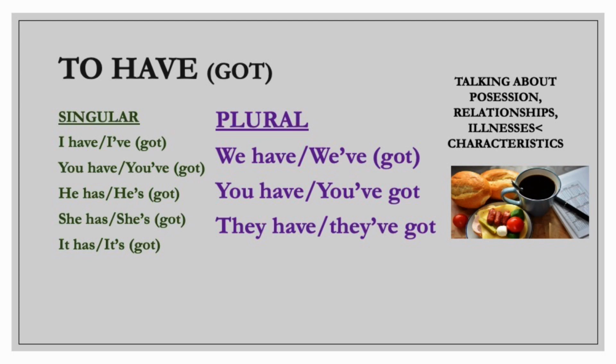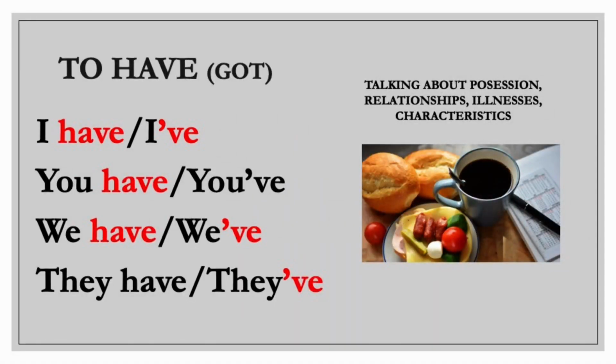Plural: we have, we've got. You have, you've got. They have, they've got. I have, I've. You have, you've. We have, we've. They have, they've.